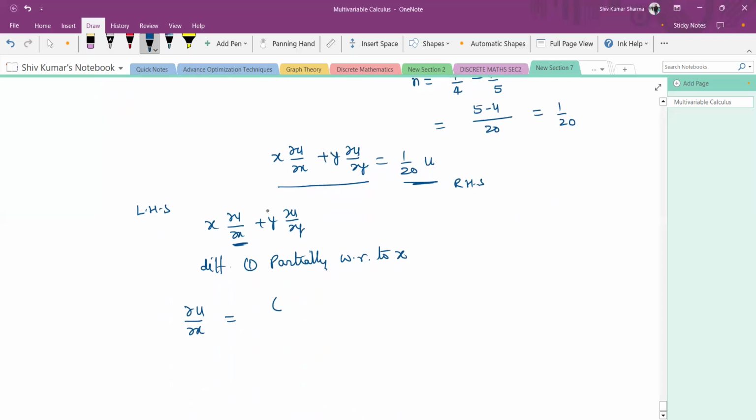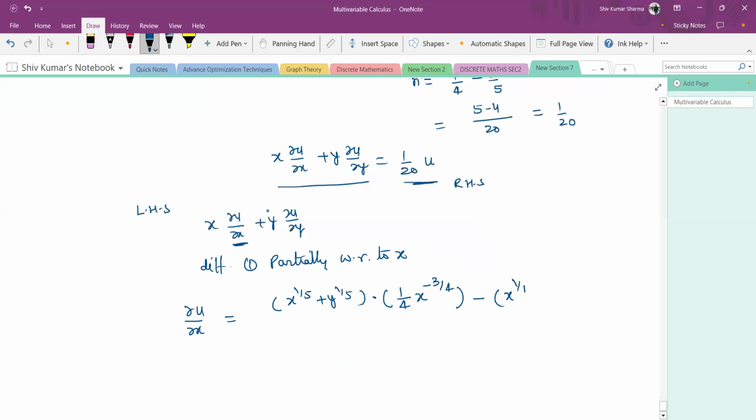So for doing differentiation, denominator means x raised to the power 1 by 5 plus y raised to the power 1 by 5, into differentiation of numerator. So what is the differentiation of numerator? With respect to x, this gives us 1 by 4 x raised to the power minus 3 by 4. Okay, and the second term is purely for y, so derivative will be 0, minus numerator.